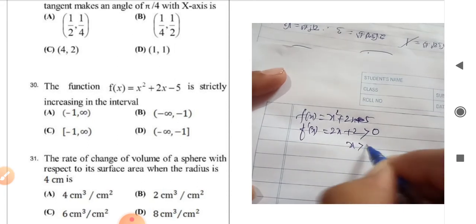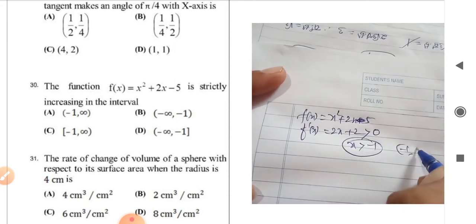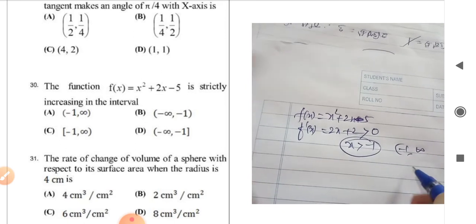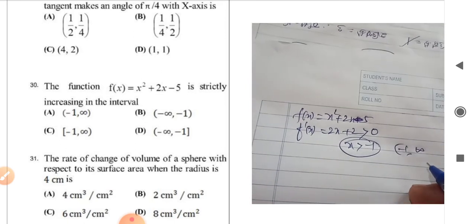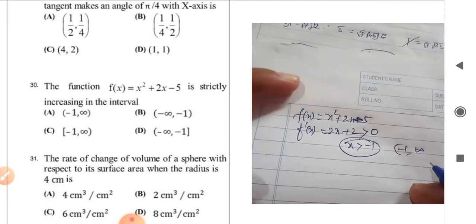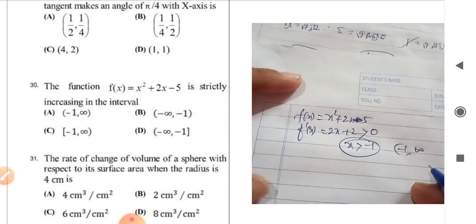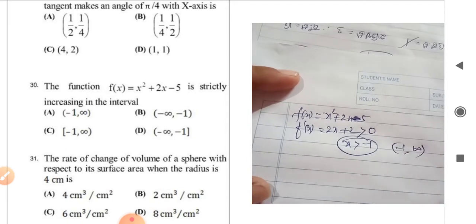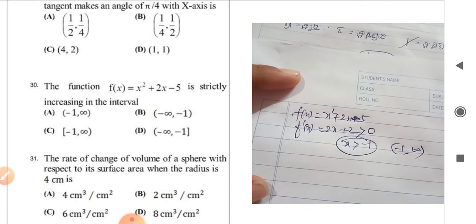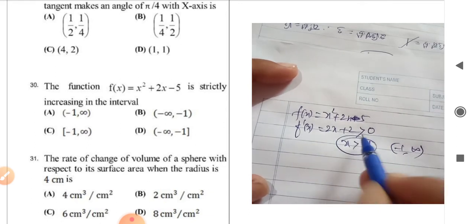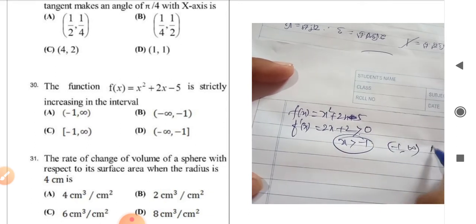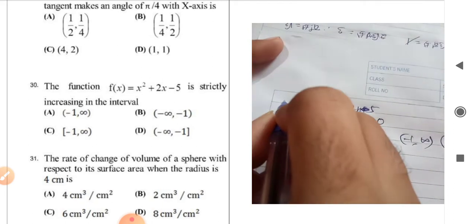Therefore x is greater than minus 1, that is minus 1 to infinity. Remember my dear students, don't be confused with this 30th problem. Some people will take it as a closed interval, with minus 1 also belonging. It cannot be, because they are talking about strictly increasing. So option A is correct. This is our 30th problem.